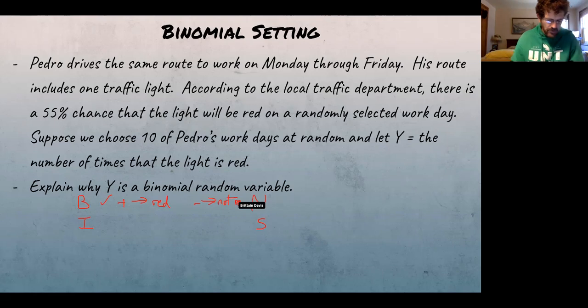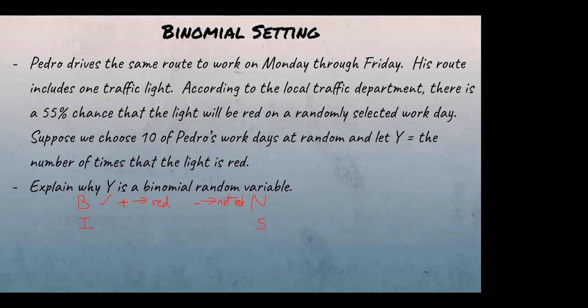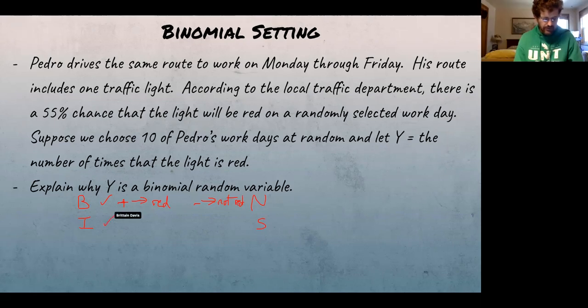Of course, opposite of how we normally consider success or failure, but for probability's sake, red is a success. Independent. Yes. You can just say something to the effect, yeah, each day has the same probability. N, limited number of trials.